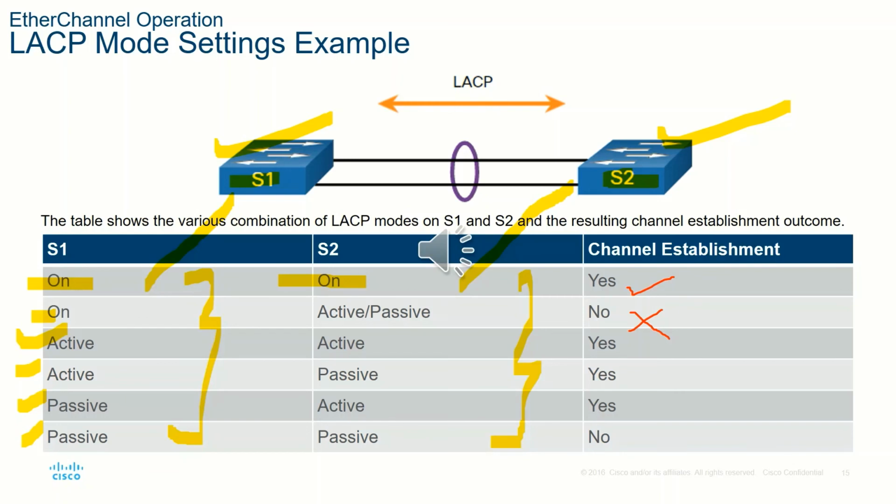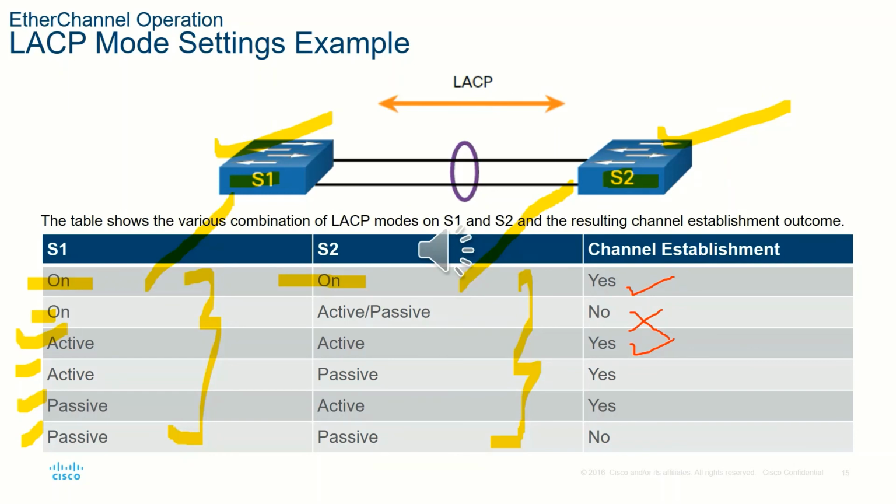Okay, we move to the third pair. The third pair is active. In switch 1, we are going to configure the LACP mode as active. In switch 2 also we are going to configure the LACP mode as active. The question is whether the EtherChannel can be created or not. Yes, EtherChannel can be created. The reason is the LACP active mode means both switches are in active negotiation mode.